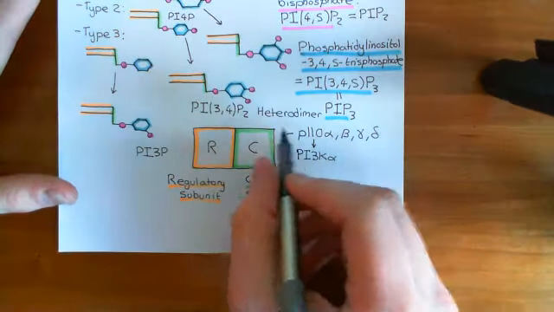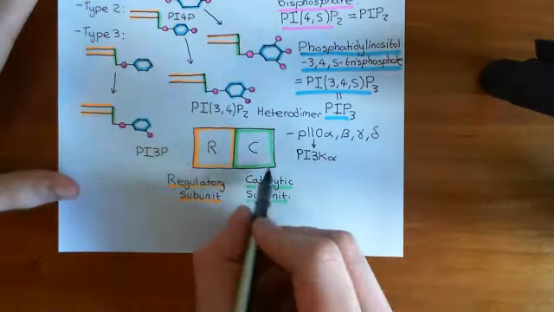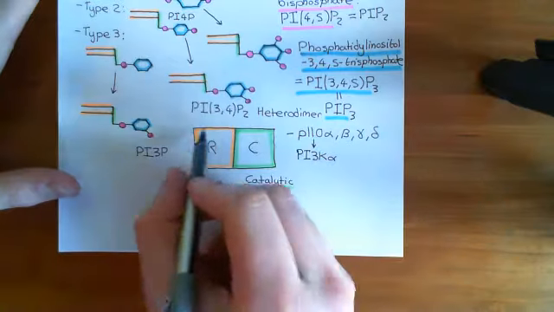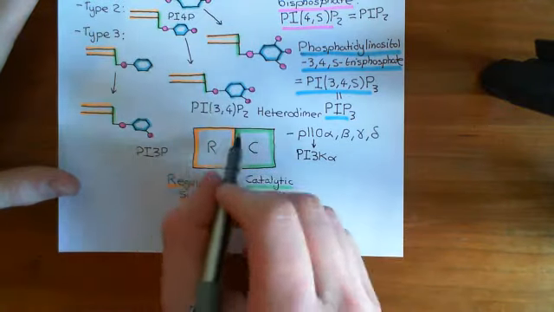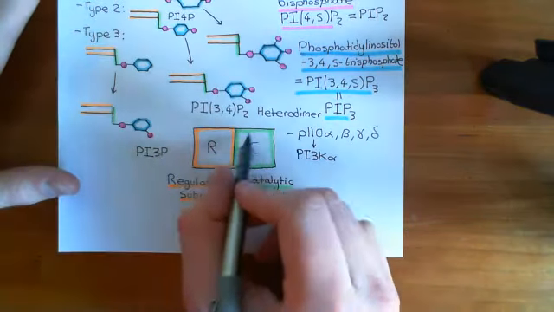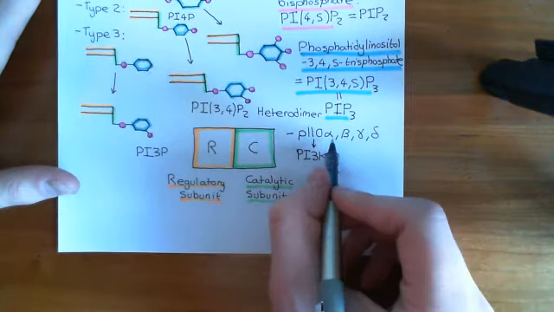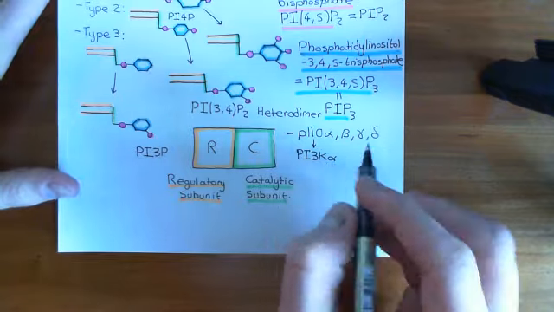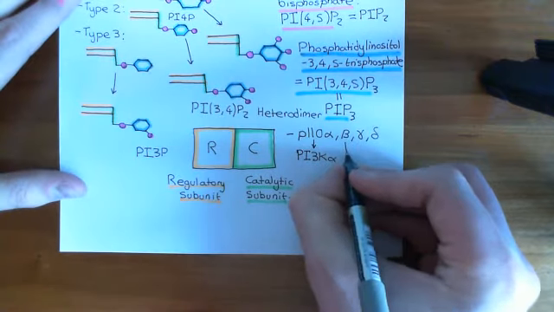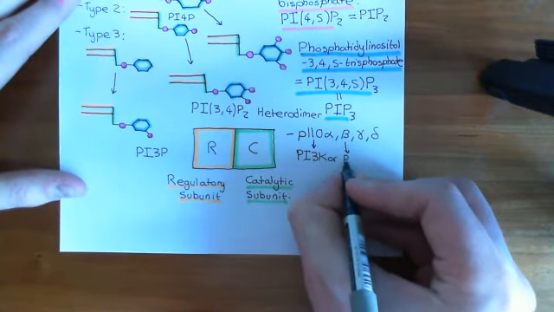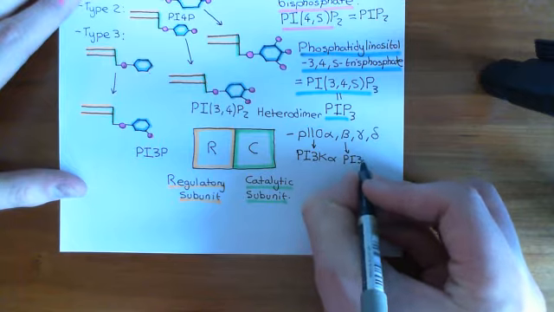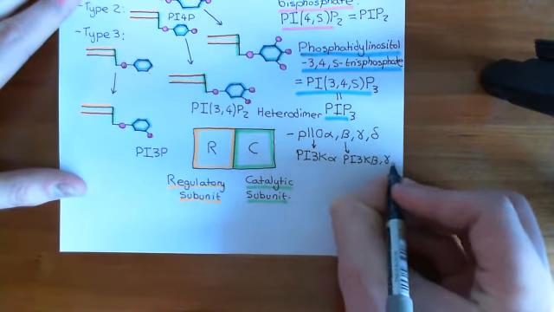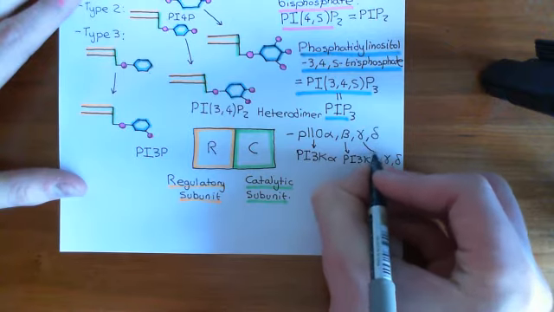So you'd call a type 1 PI3 kinase enzyme by its catalytic subunit, and I haven't told you what its regulatory subunit is, it doesn't matter as far as its naming is concerned. You'd call it PI3 kinase alpha. Similarly, for the beta, the gamma, and the delta, you'd call them PI3 kinase beta, PI3 kinase gamma and PI3 kinase delta.